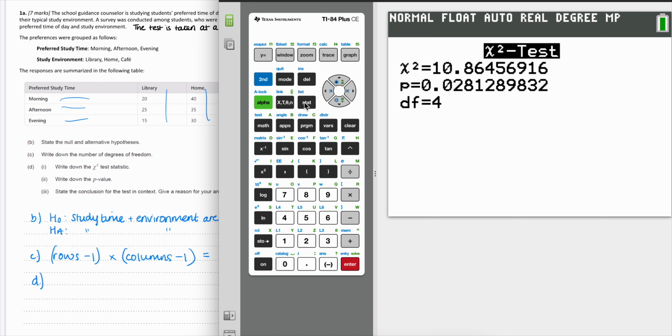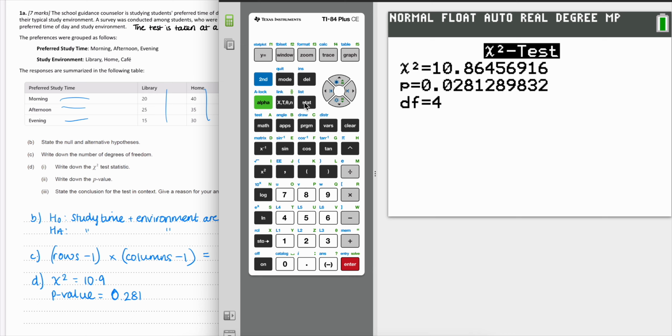And then we can calculate, and we can confirm there that our degrees of freedom is 4 as well. So we can write down that the chi-squared statistic is equal to 10.9 to 3 significant figures. And the p-value is equal to, and again to 3 significant figures, it's 0.281. So 0.281.